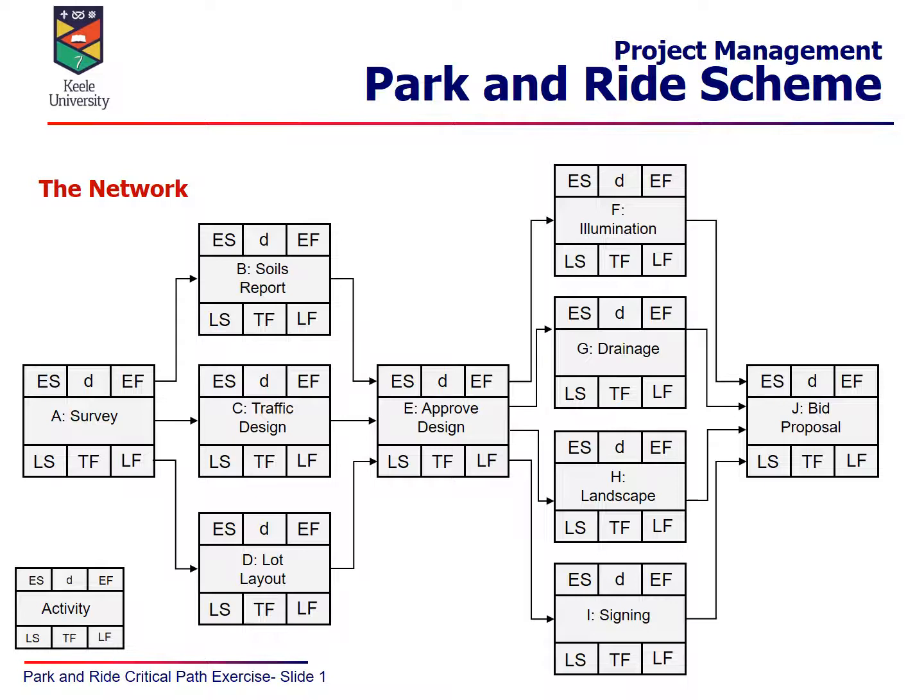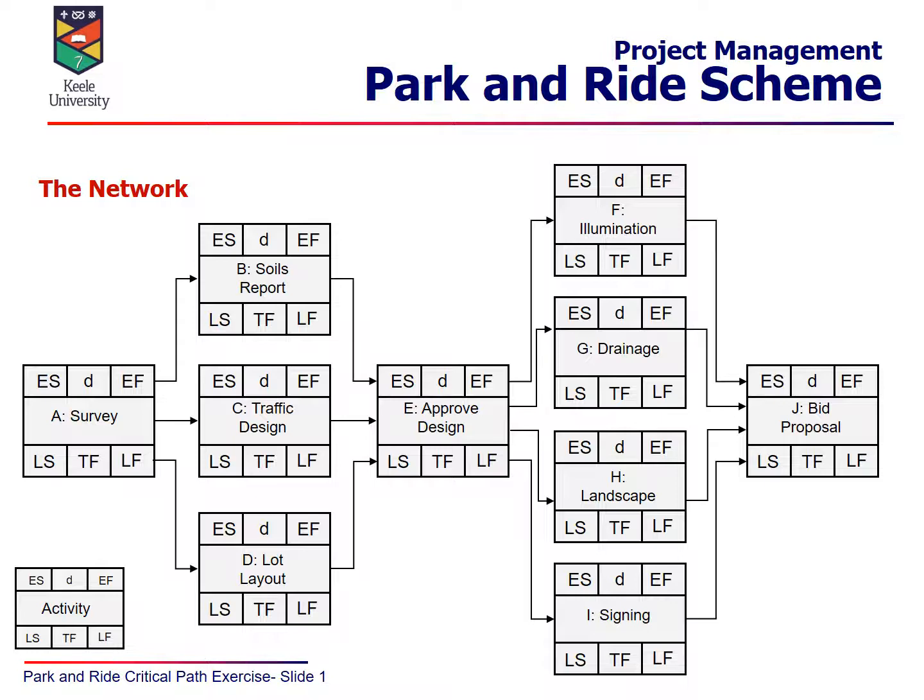But after activity E, 4 activities can then start. So this is the more detailed design of the illumination or the street lighting, if you like, the drainage, the landscaping, and also the signing. These are things like road signs, direction signs and so on. So those 4 activities can all be done in parallel.